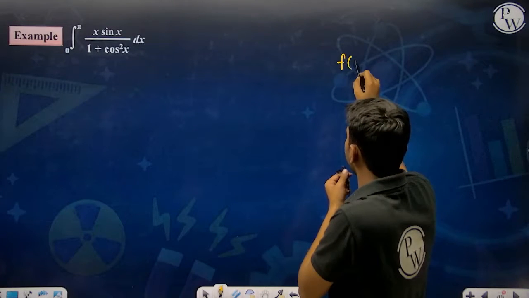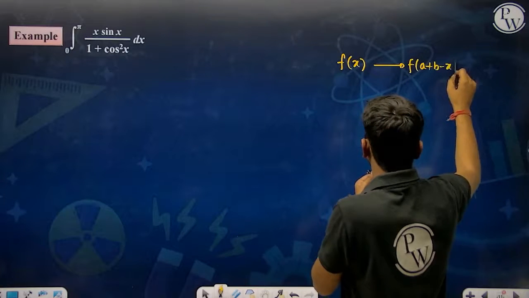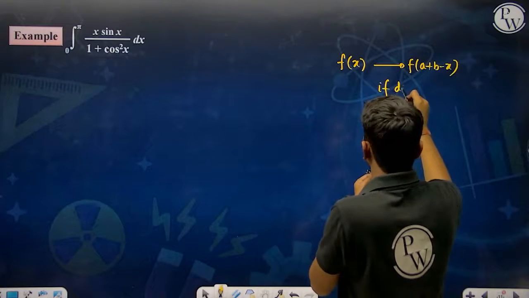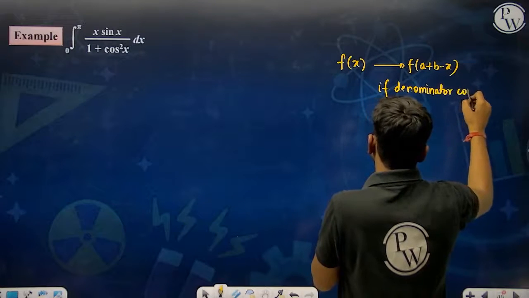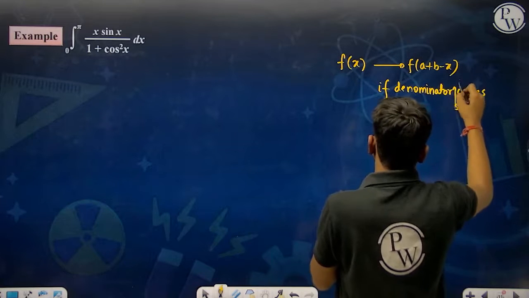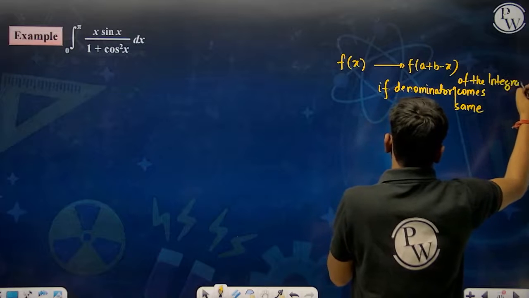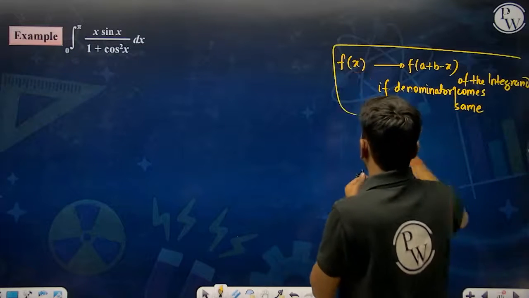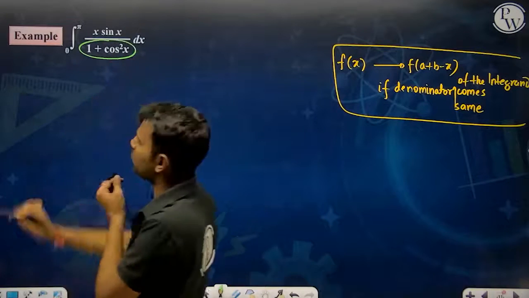After replacing f of x by f of a plus b minus x, if the denominator of the integrand comes the same, then there are high chances that this property can be applicable. Understand, over here the denominator is 1 plus cos square x.